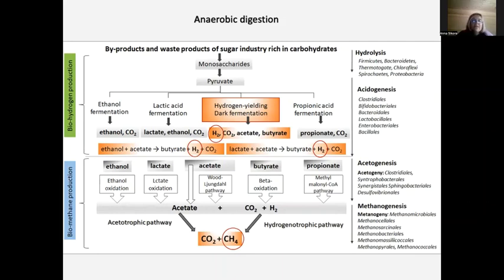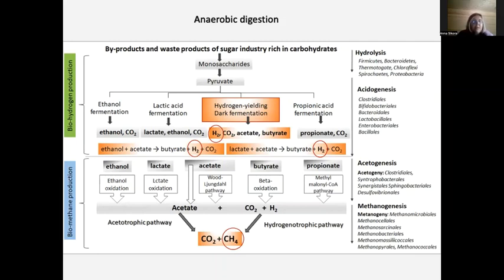So we can conduct anaerobic digestion in 2-step systems to separate acidogenesis from acetogenesis and methanogenesis to produce biohydrogen and biomethane in separate bioreactors. Our efforts are focused on the acidogenic step of anaerobic digestion and selection of hydrogen-yielding processes.